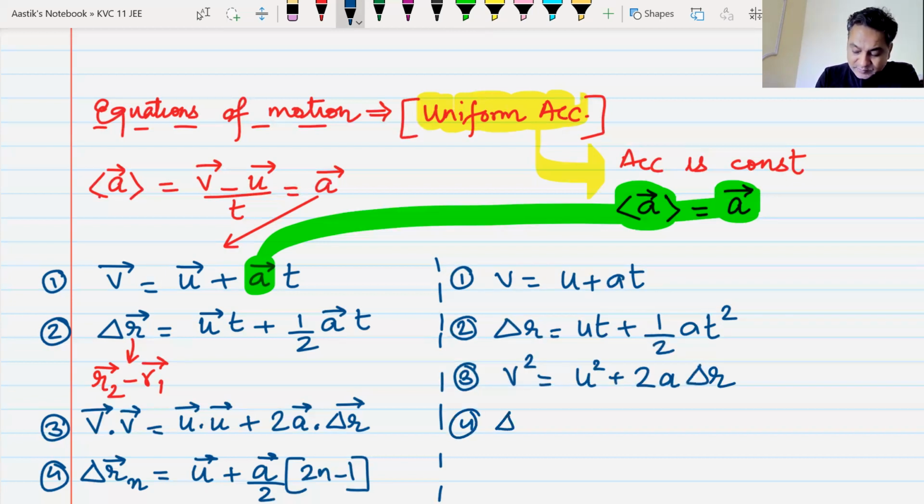Fourth equation is the displacement in the nth second. I will do questions on that, don't worry. Displacement in the nth second, and that is U plus A by 2 into 2n minus 1. These are the four equations, and remember, you don't have to use all of them. You can do it just by using any two also.